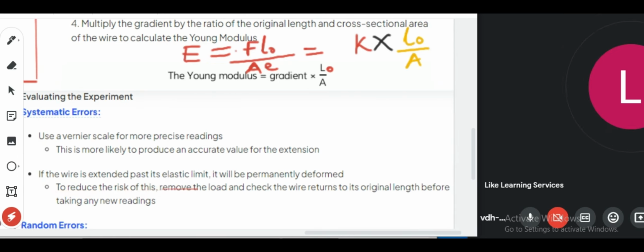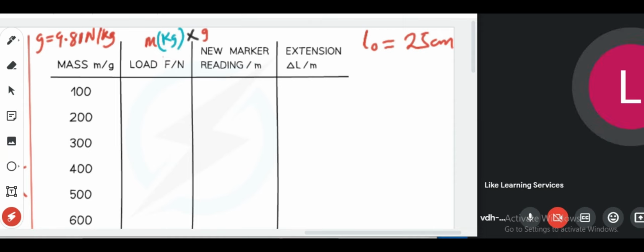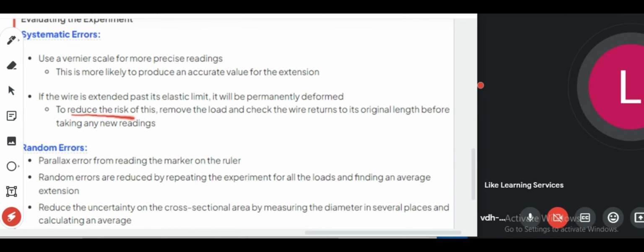When you add a load, remove it and check, particularly towards the end of the experiment, when we have higher loads like 400, 500, 600. When those loads are added, remove the load and check that the wire returns to its original length before taking a new reading. Because if it doesn't return to its original length, it has passed the elastic region and is now in the plastic region, so it is permanently deformed and it does not obey Hooke's law again.